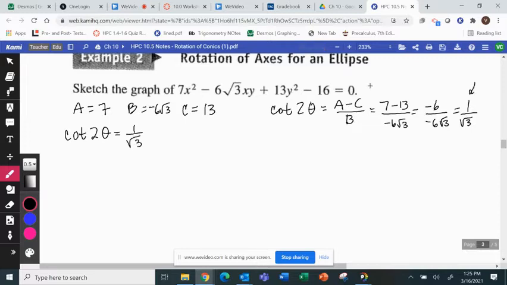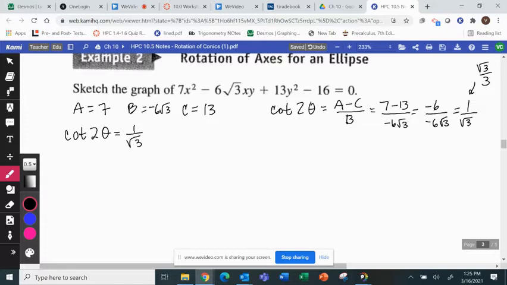And by the way, 1 over square root 3 is square root 3 over 3, if that helps you at all. But I'm going to write it as 1 over square root 3 because it's one less thing to think about when we're doing all the algebra.